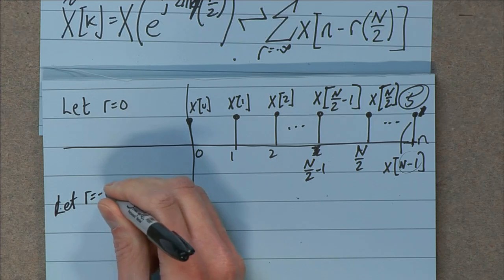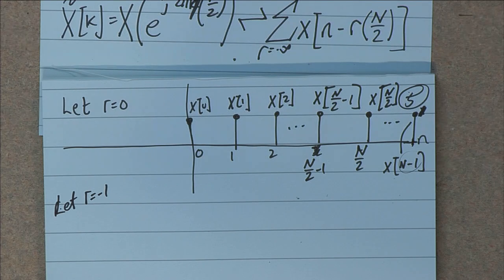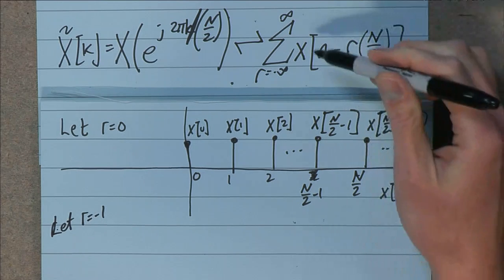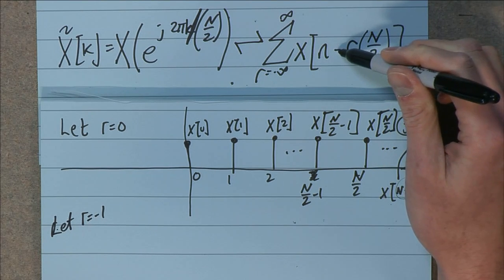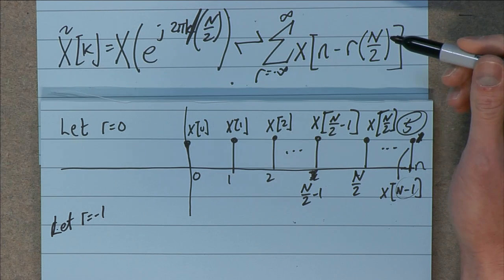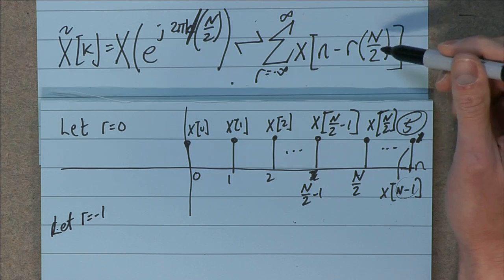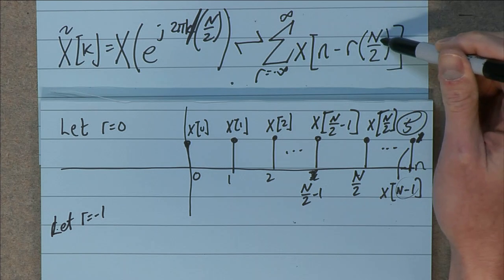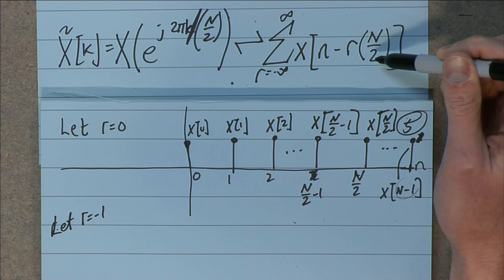Now, let's let r equal minus 1. And take a look at what happens with our formula. So now we've got x of n minus a minus is a plus, plus n over 2. So what's that going to end up doing? Well, that means when n is 0, we've got x of capital N over 2. Right?